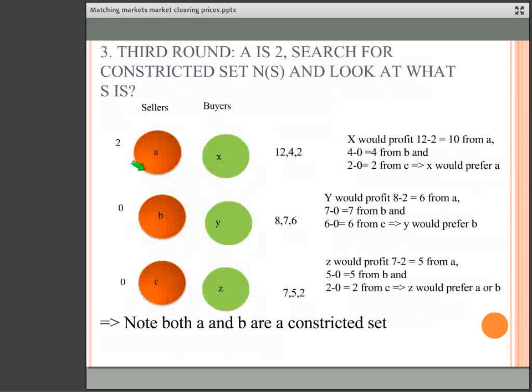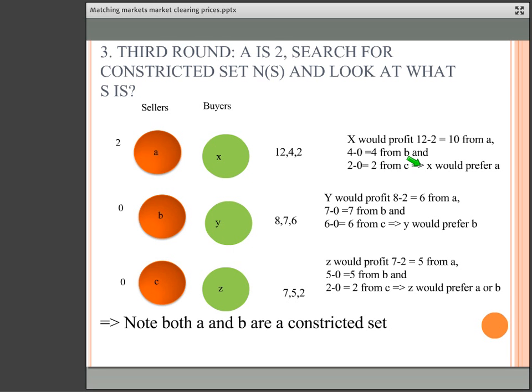You raise the price by 1, and now the price of A is 2. You go through the calculations again here. What is X's preference? He would prefer A.